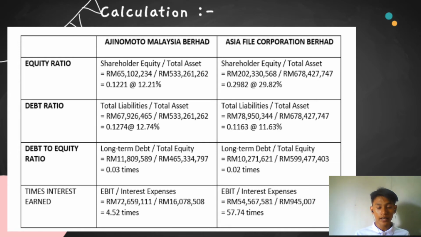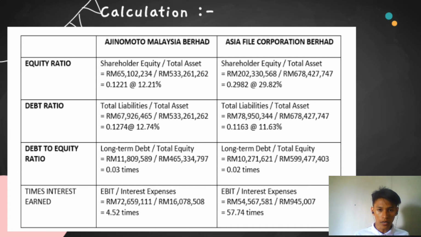The last one is times interest earned: earnings before interest and tax divided by interest expenses. Times interest earned is a measure of a company's ability to meet its debt obligations based on its current income.